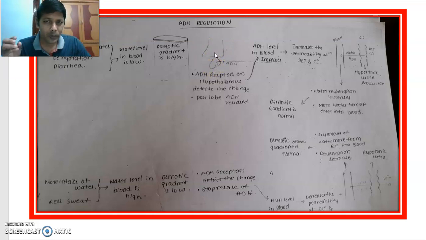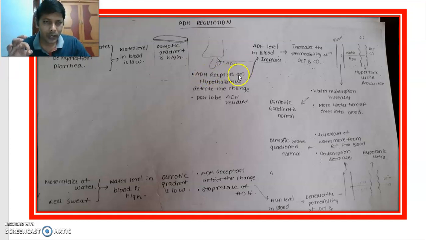From the hypothalamus, this hormone is produced, and it comes to the posterior lobe of the pituitary gland, otherwise called neurohypophysis, where it is stored, and whenever it is required, it is released.